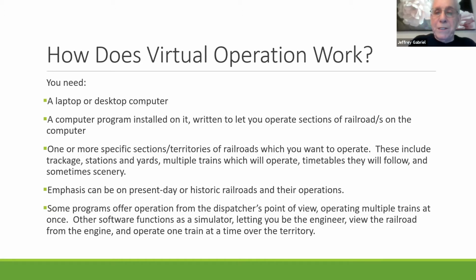Emphasis can be on present day or historic railroads and their operation. I emphasize historic, others present day. Some programs offer operations from the dispatcher's point of view, operating multiple trains. Other software functions as a simulator, letting you be the engineer of just one train at a time, viewing the railroad from the engine.